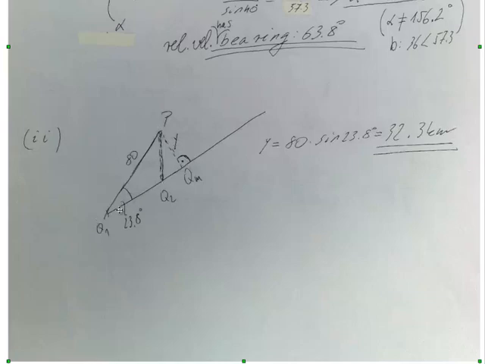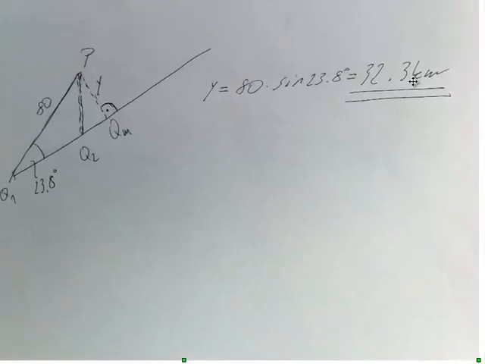This is opposite of this angle. So y is equal to 80 times sine of 23.8. So we get that the shortest distance is 32.3 kilometers.